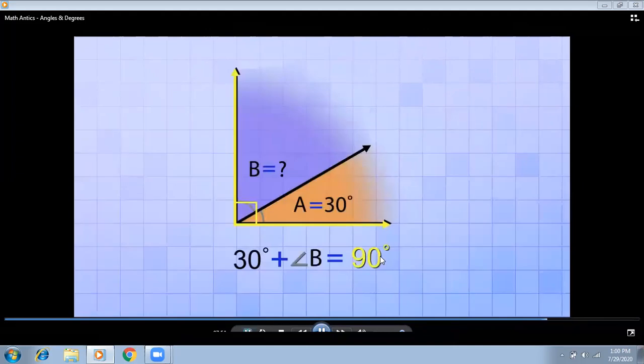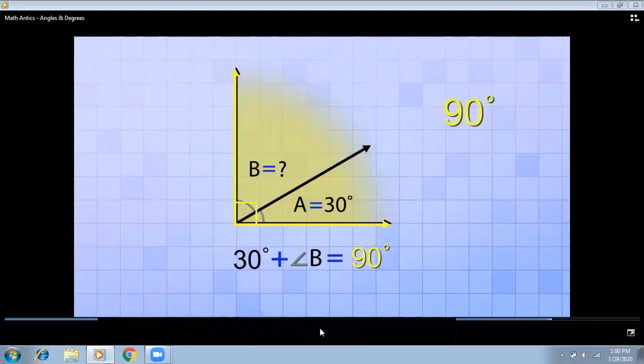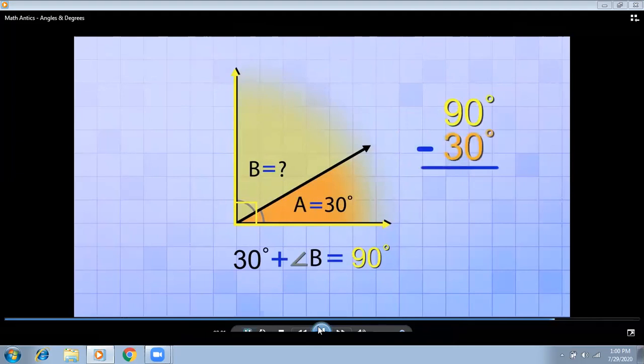That means to find angle B, all we have to do is take the total, which is 90 degrees, and subtract the known angle. So we subtract 30 from 90, and we get the measurement of the other angle, whichever is left over. 90 minus 30 is 60. The angle B is 60, so our angle B is 60 degrees.